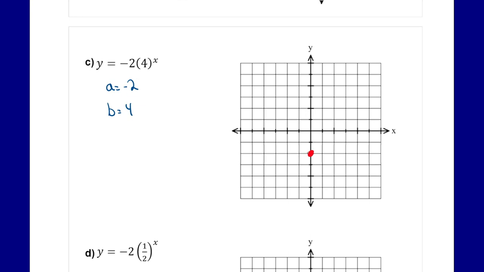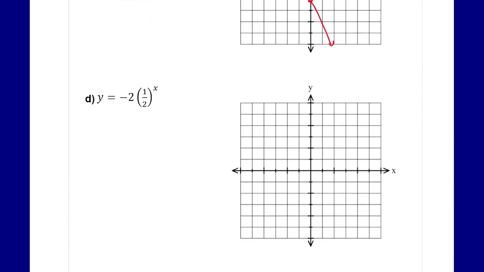So if I'm starting with -2, my next value is going to be more negative than that, right? So it would be -2 times 4, which is -8. So this means it would look something like this, right? Because as my x values increase, I'm going to get larger and larger negative values. So this would actually indicate decreasing. So intervals of decrease, you might say.